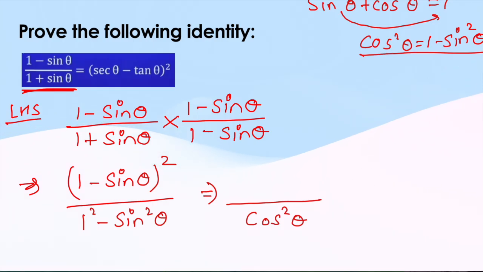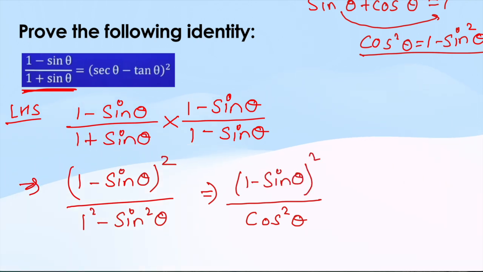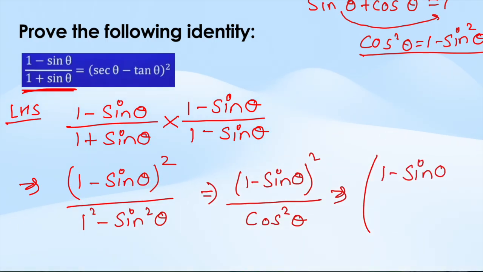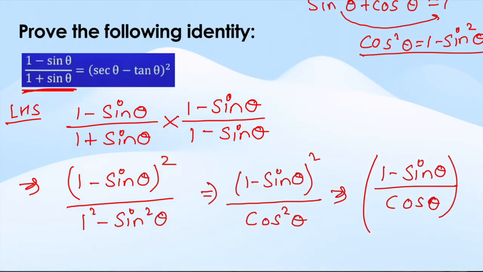Clear? And another one will be 1 minus sine theta the whole square. If I see this, it is 1 minus sine theta by cos theta and the whole square. Since it is in denominator, I can shift this cos theta with 1 as well as with the second term, because LCM is with the first term, also with the second term, right?